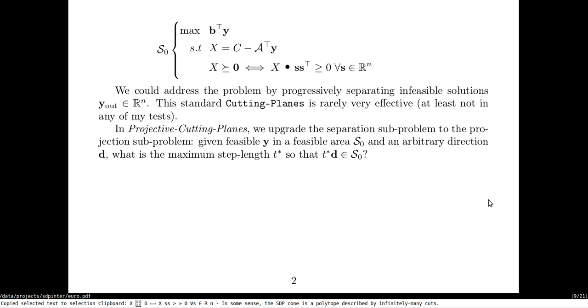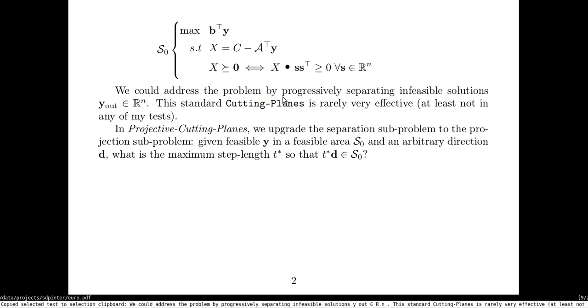As I said before, we could address this problem by progressively separating a feasible solution. The standard cutting planes logic is not very effective, at least not in any of my tests, and this is why you won't find a huge number of articles on this idea. I think some people manage to make it work, but it's quite rare.